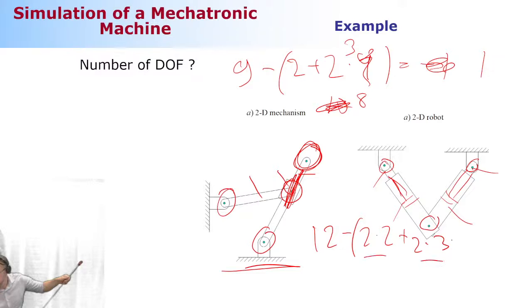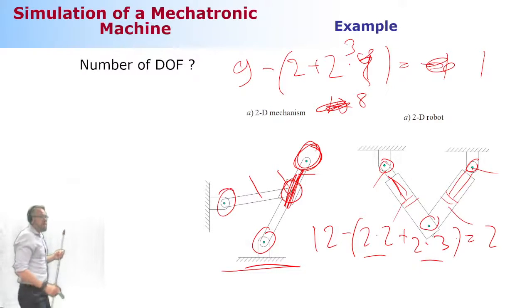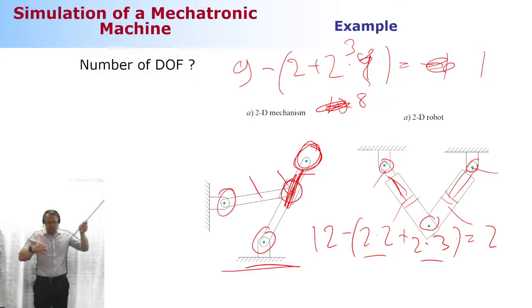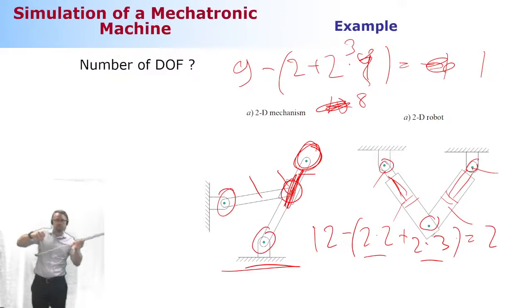That's going to be 6. This is 4. So that's going to be 2 degrees of freedom. What are these 2 degrees of freedom? If I extend the cylinders simultaneously, this end goes down like this, and then I can extend another one and make another one smaller, so it moves like this. So those are the 2 ways the structure can move.